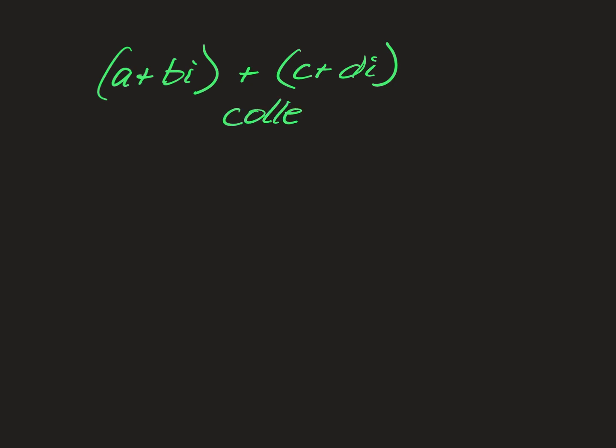So, first of all, we want to add two complex numbers, a plus bi plus c plus di. Two complex numbers. We want to add them together. What do you think you would do? Do you have an idea? Why don't you write it down and then come back and check in a second? All right, if you said collect like terms, then you would be correct.